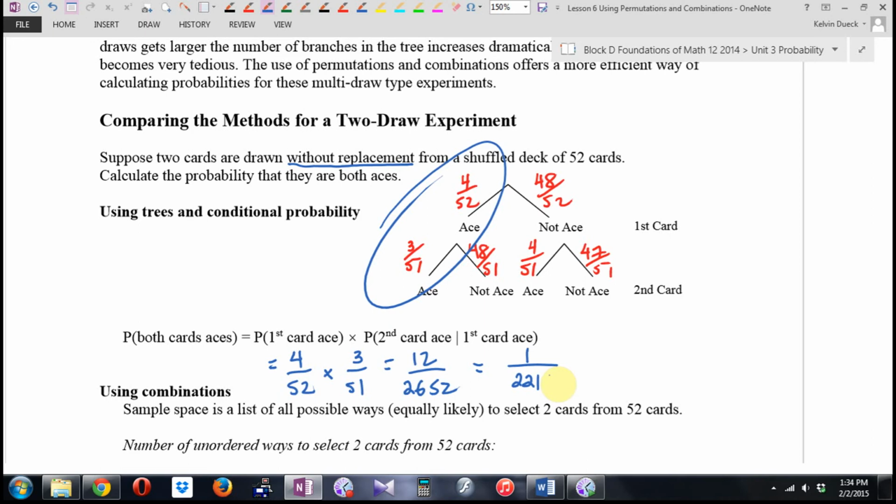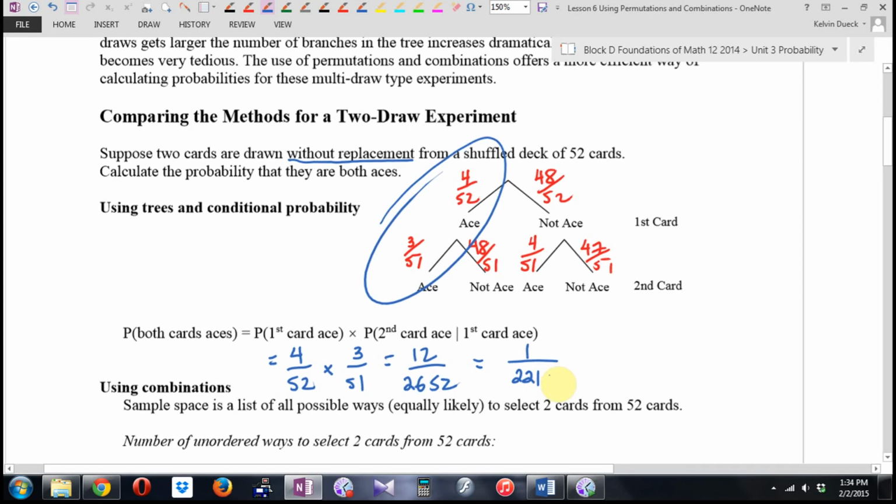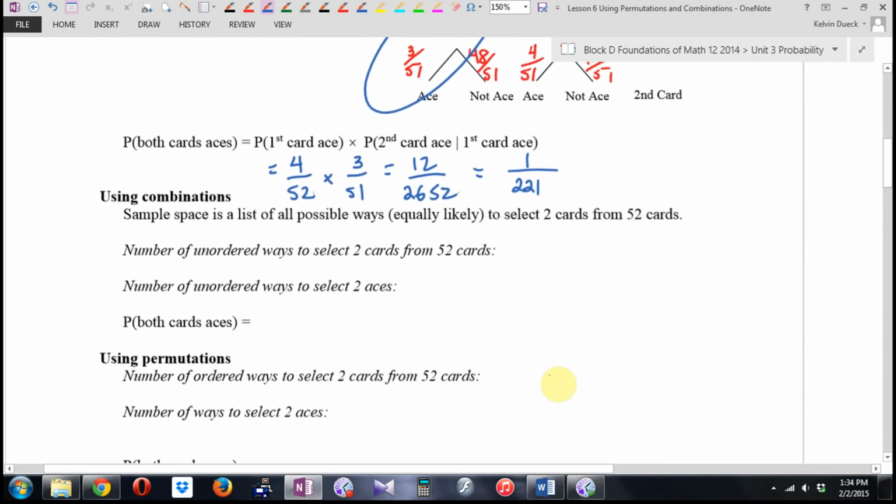Now, no problem. What if we did it using combinations? The sample space is a list of all the possible ways to select 2 cards from 52 cards. Maybe I can handle this with a bucket, with aces and not aces.